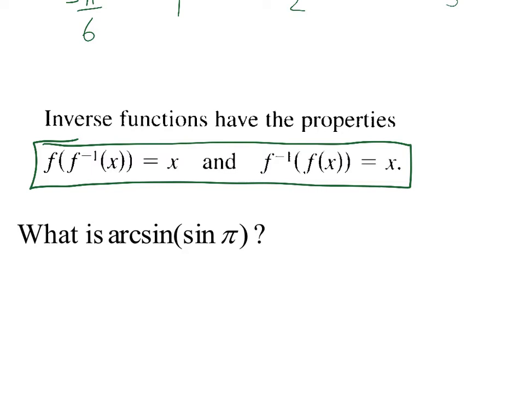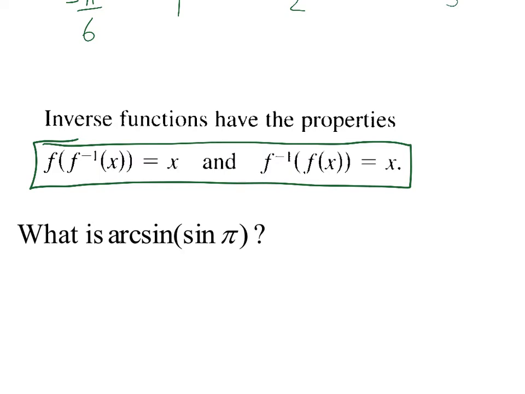This is where it gets a little bit tricky because no, it is not pi. Because in order for it to be an inverse, sine has got to be a one-to-one function, right? And we cut off sine to just go from negative pi over 2 to pi over 2. Zero.